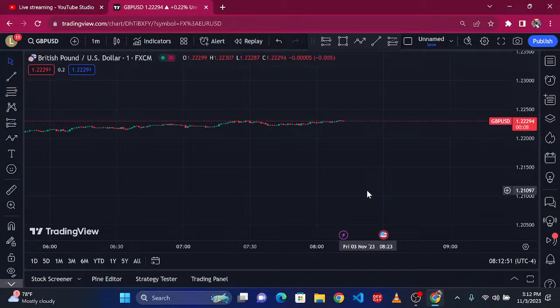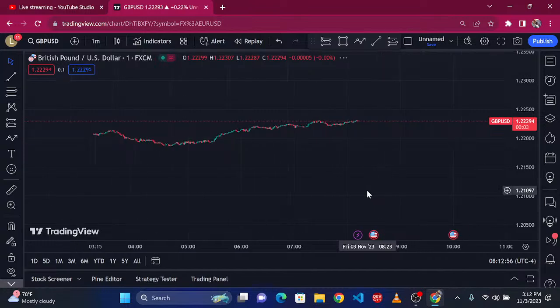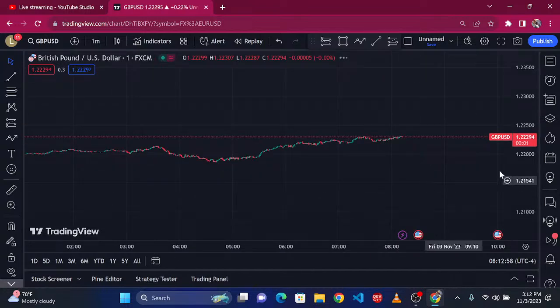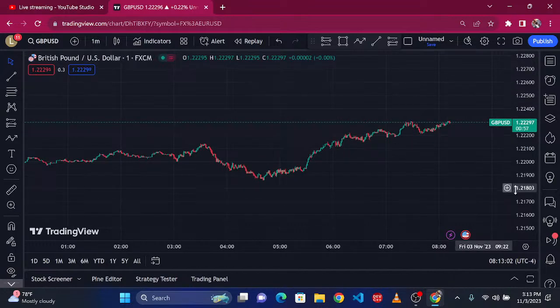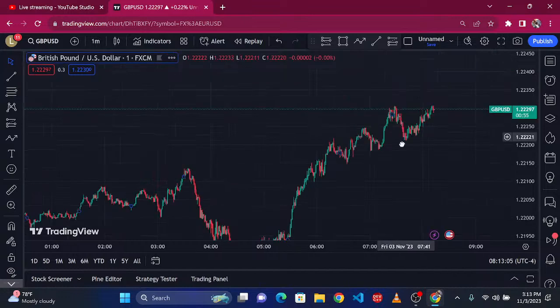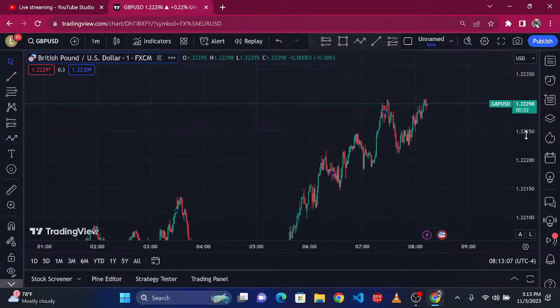CAD will be hit so much, CAD and USD according to the news, but NFP always hurts all the currencies, so with GBP USD we should check it. Start with this 1 minute time frame.